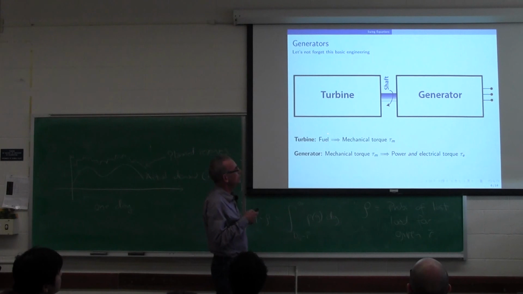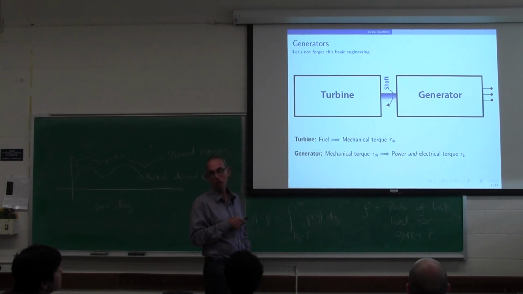So the turbine takes in fuel like natural gas and creates mechanical torque on a shaft. And this generator takes that mechanical torque and creates power, but also back EMF. There's a torque because there's a motor here. A generator is also a motor.